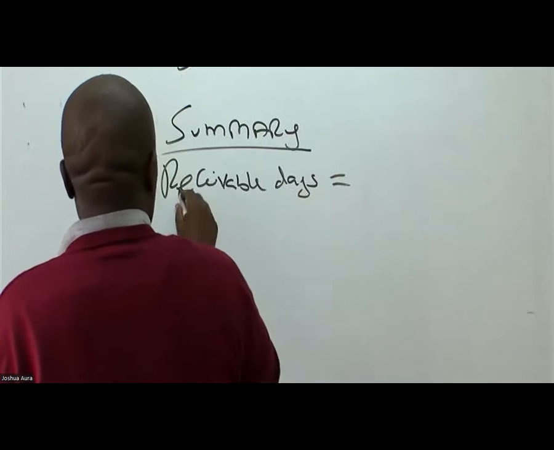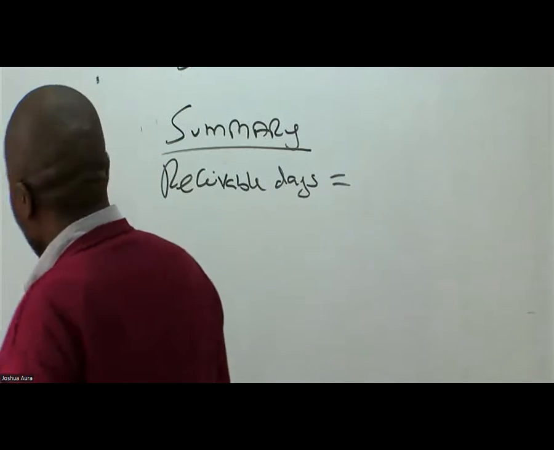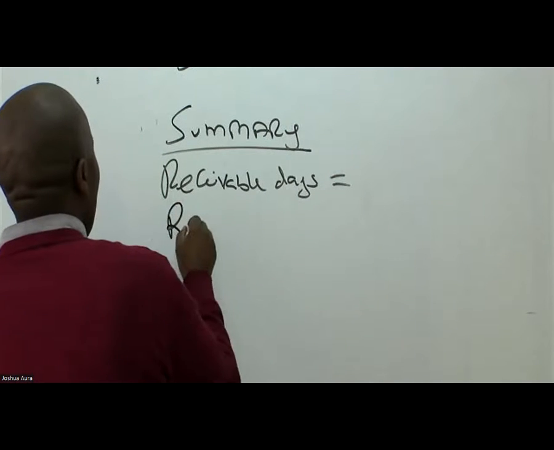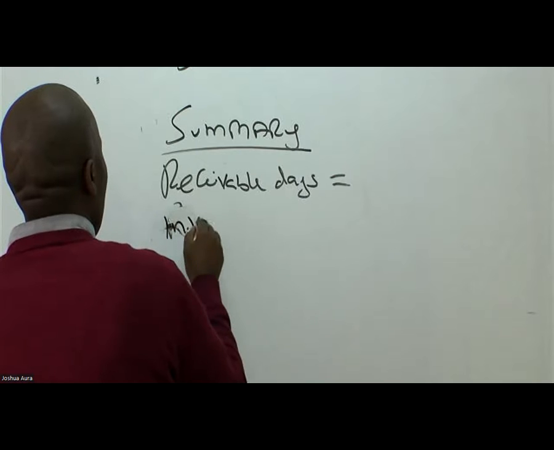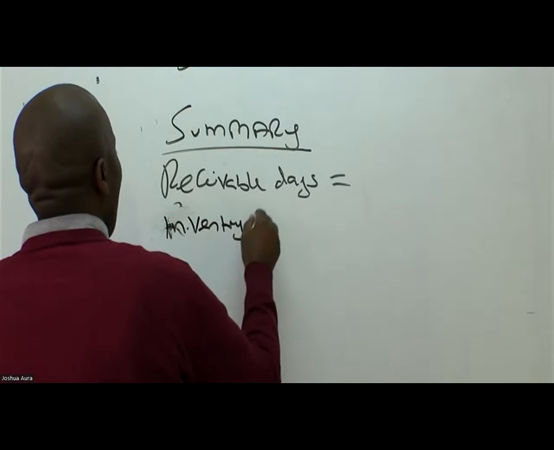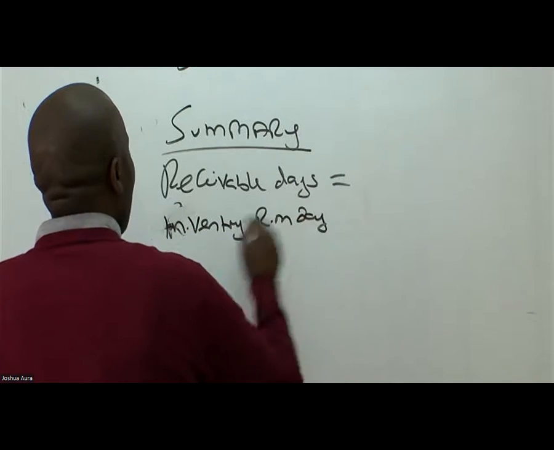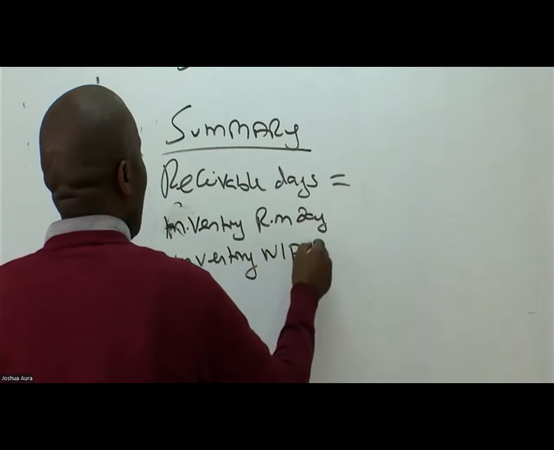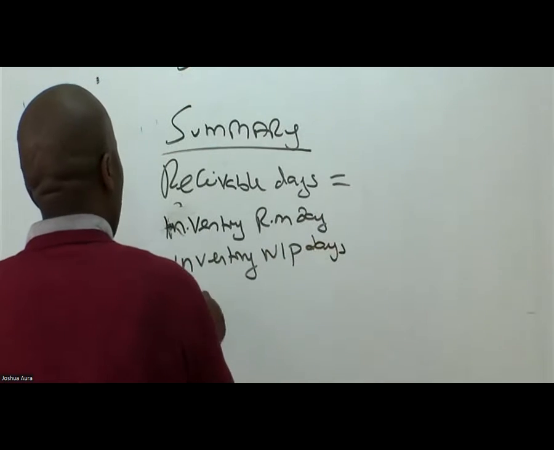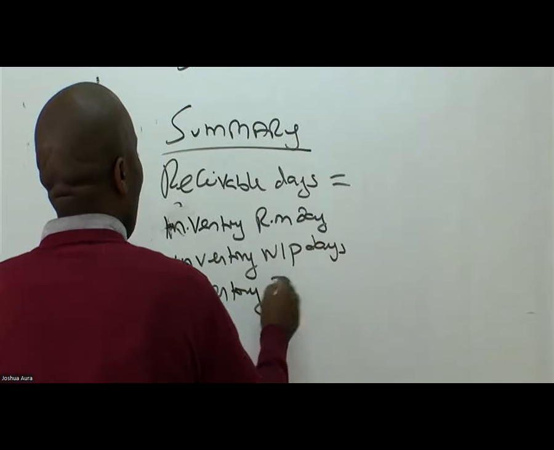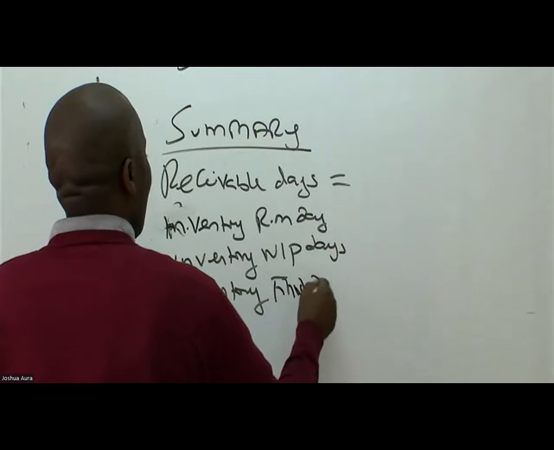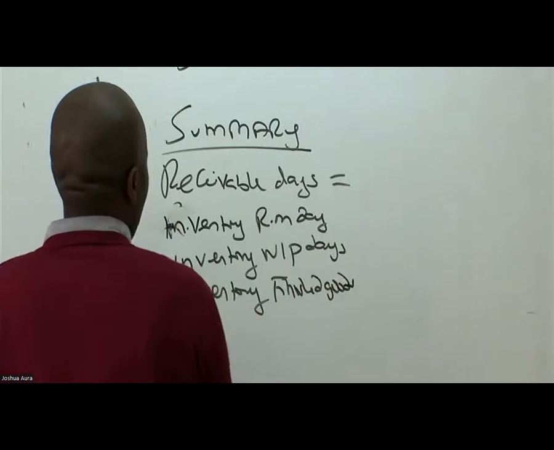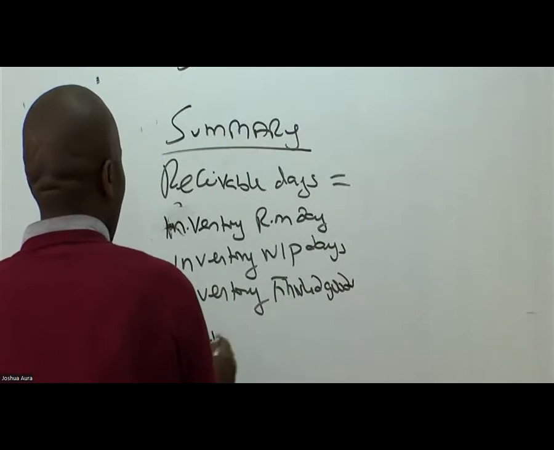Come and give us the inventory summary. Give us inventory, raw material days. Give us inventory, work in progress days. Give us inventory, finished goods days. Give us the payable days.